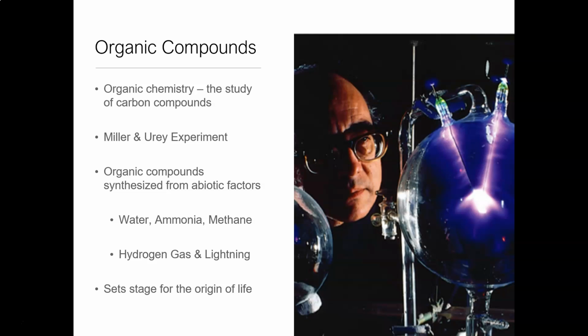And so their experiment really sort of set the stage for the origin of life and tying that connection of organic chemistry to living things as a way to say this is how at least the chemistry of life could have gotten started.